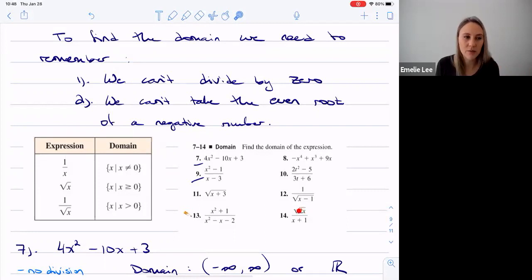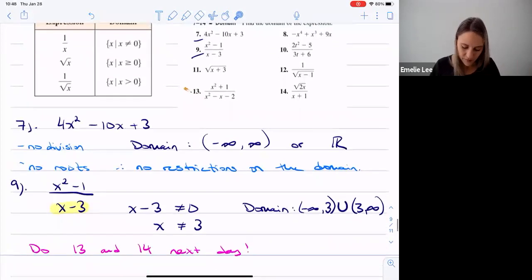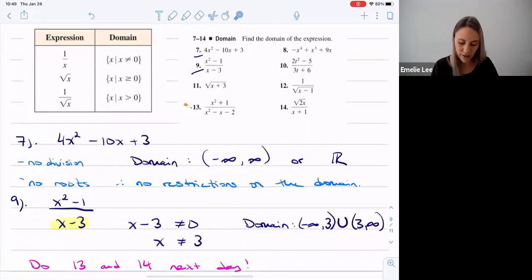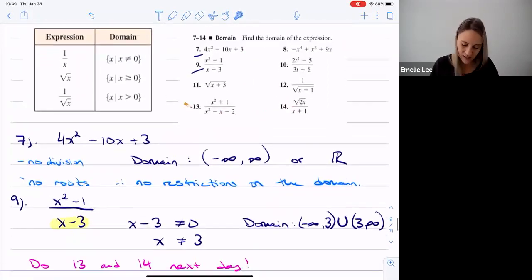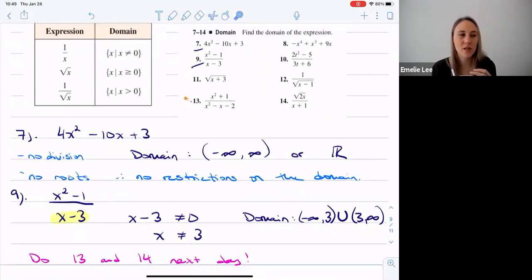I can only take even roots of positive numbers or zero. Okay. So go through, try the rest of these, especially 13 and 14, and that's where we'll start as a review next day. How about that?